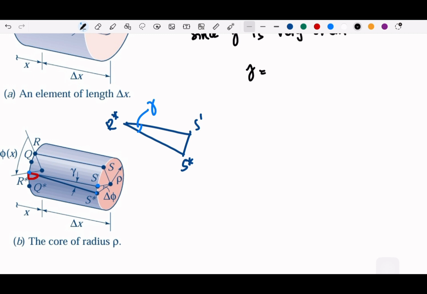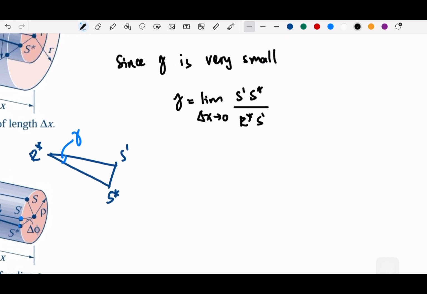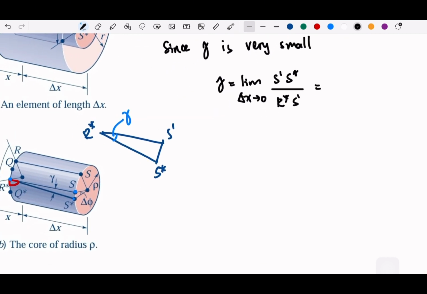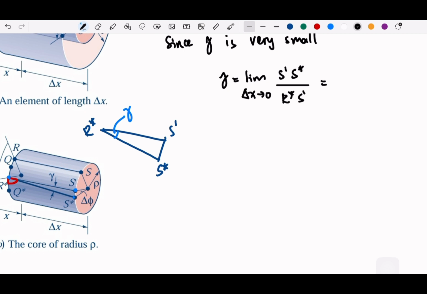We can develop this strain using the tangent, or we can just write directly, in the limit as this length approaches 0 and becomes very, very small. And we can exchange the angle for the twisted angle here.